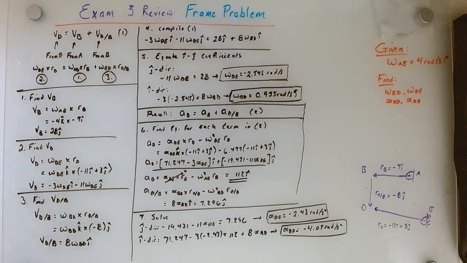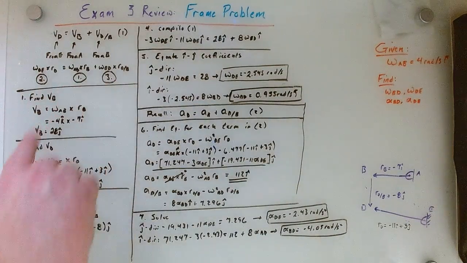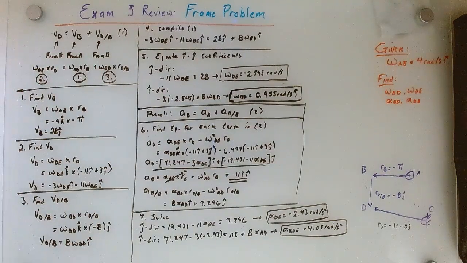So now I was talking the entire time, and still the problem took me a while to get through. So practice, practice, practice, and keep in mind that you're definitely going to see a problem like this on the exam, and being clear on how to work through this is critical.